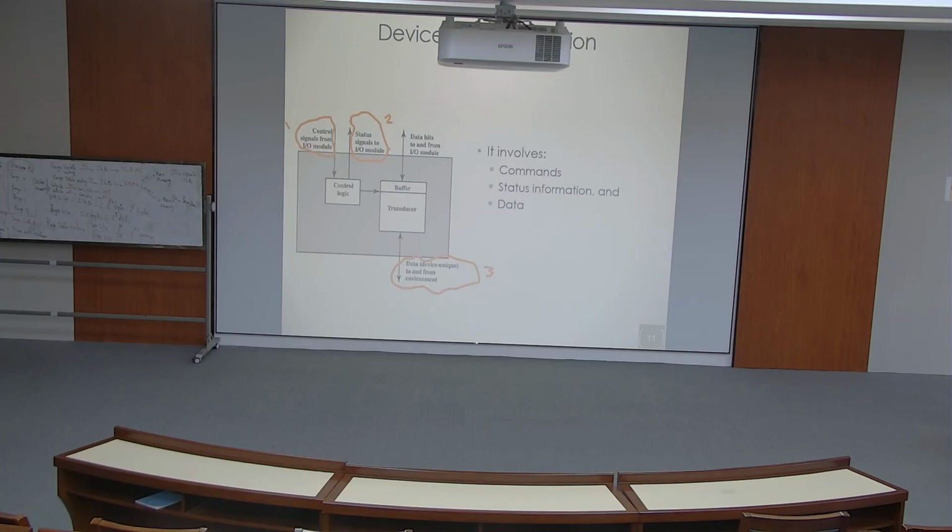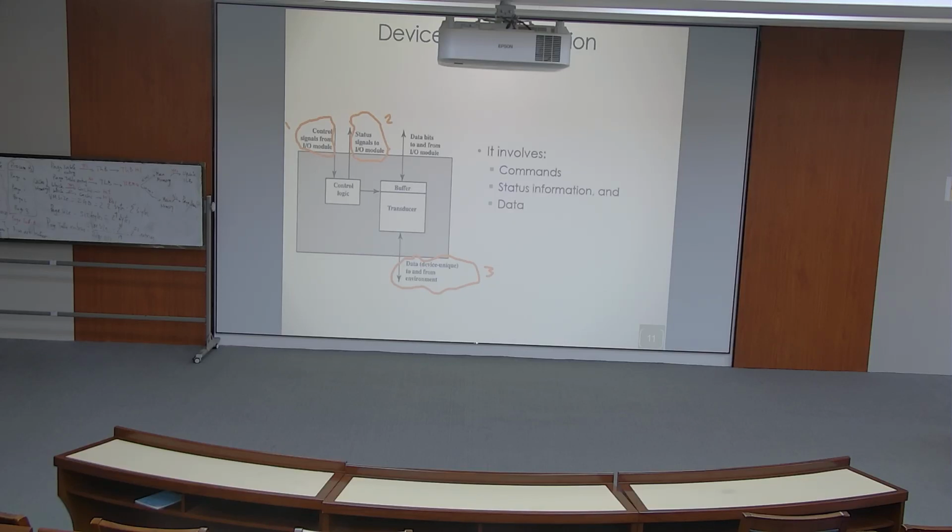We have seen this example of the communication of the processor and the input-output module. The first step is for the processor to check the status of the input-output device via the input-output module. Then the device will reply about its status, ready or not ready, via the input-output module. This is the second step.